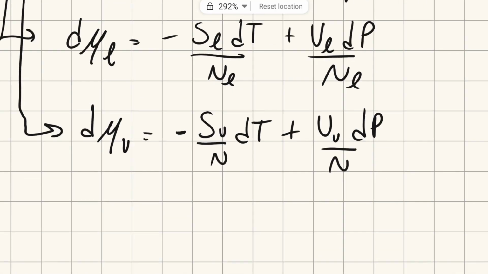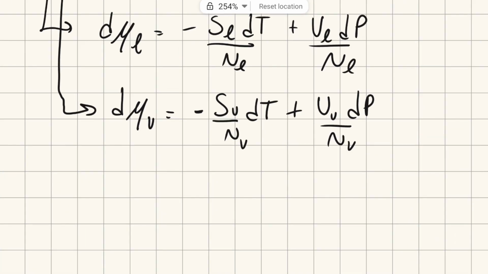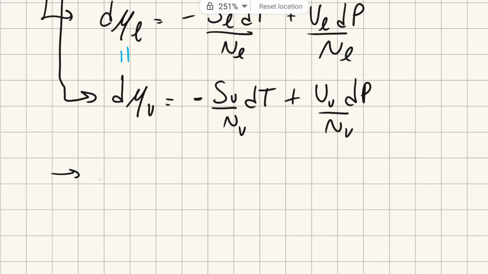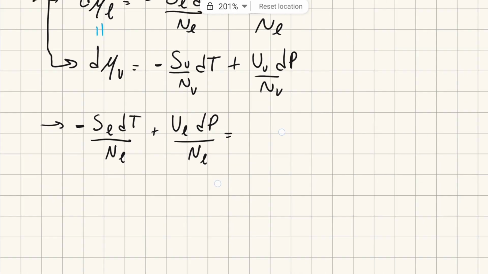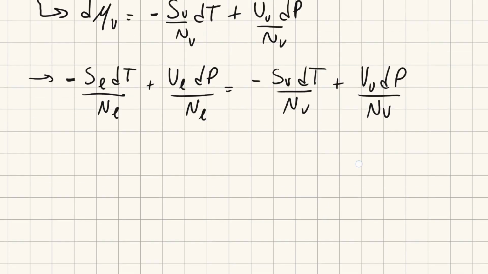And again, these N's are the number of molecules of the vapor. By the equilibrium conditions, we can set these two to be equal, and then we can establish that minus S_L dT divided by N_L plus V_L dP divided by N_L is equal to minus S_V dT divided by N_V plus V_V dP divided by N_V.